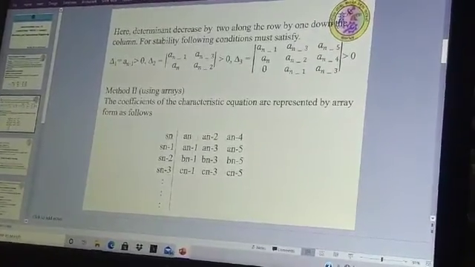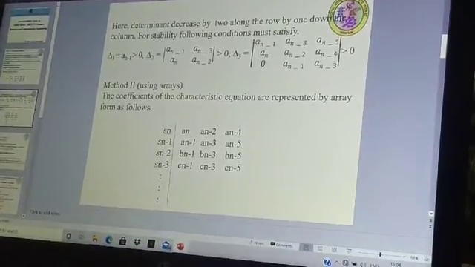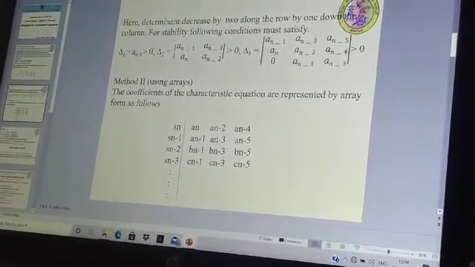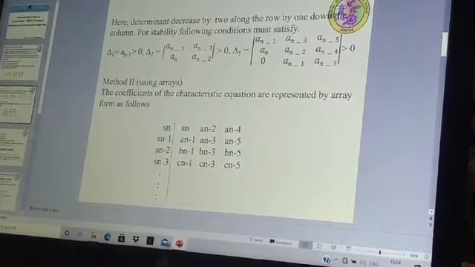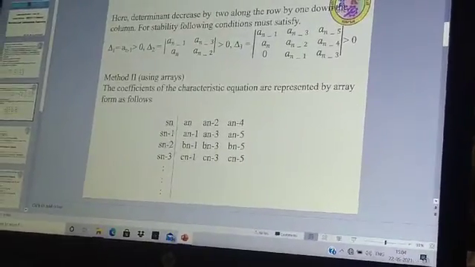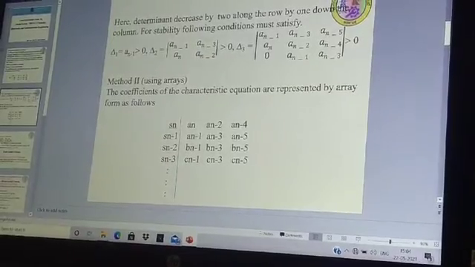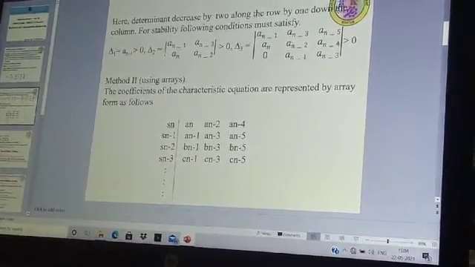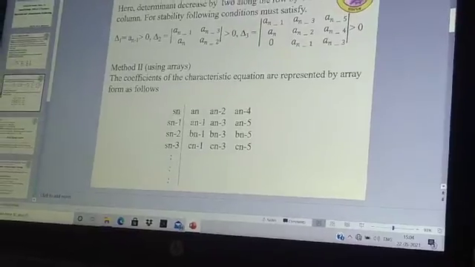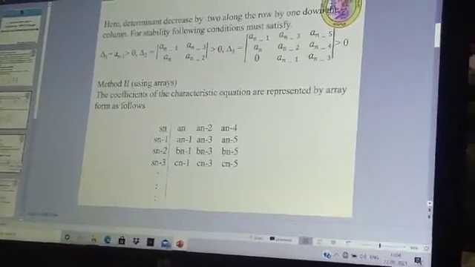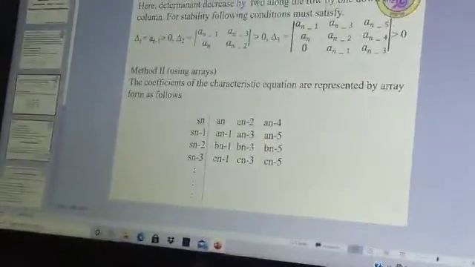First row: an, an minus 2, an minus 4; second row: an minus 1, an minus 3, an minus 5. Then bn minus 1, bn minus 3, bn minus 5, cn minus 1, cn minus 3, cn minus 5, up to s naught. You have to write all these from the polynomial in the array.